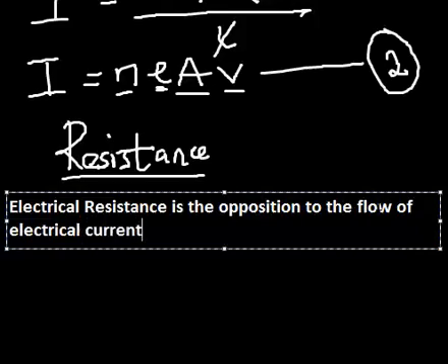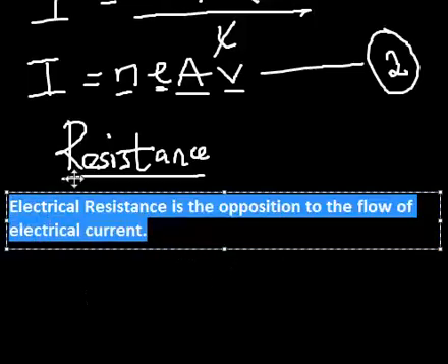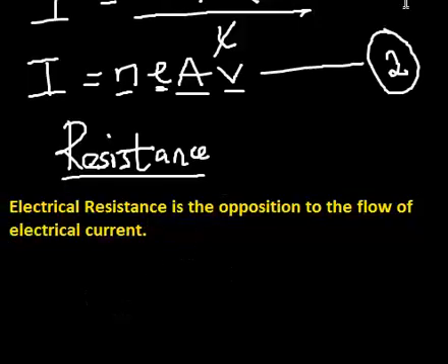That is why we have different materials based on their opposition. Electrical resistance is the opposition to the flow of electrical current.